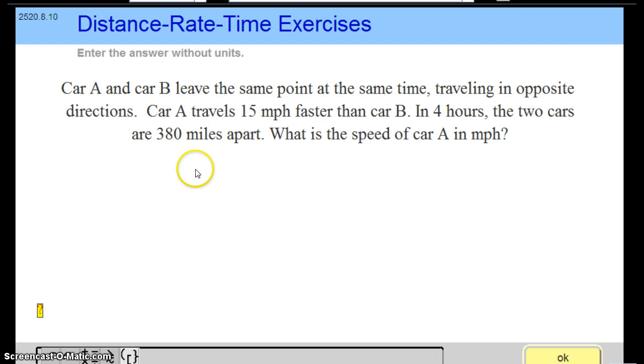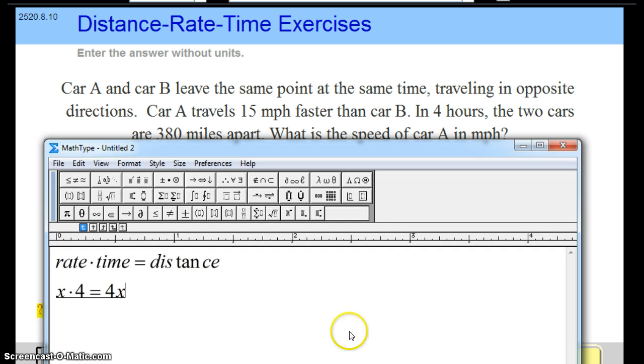And what do we know about the speed of car B? Car A travels 15 miles per hour faster than car B. So let's make sure we do that right.